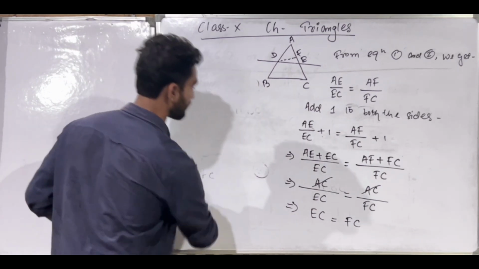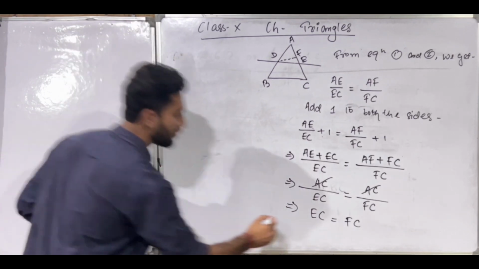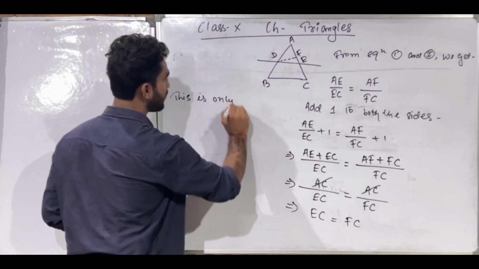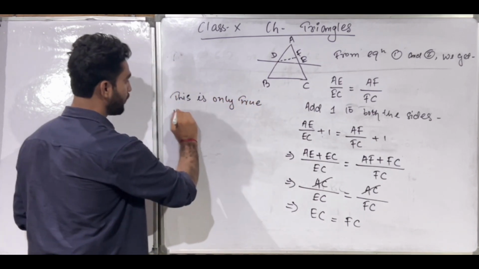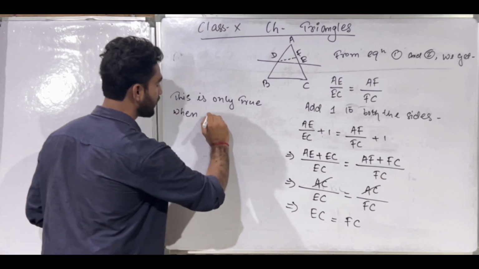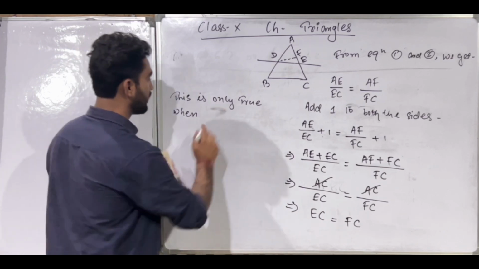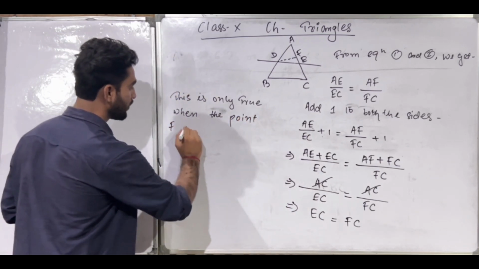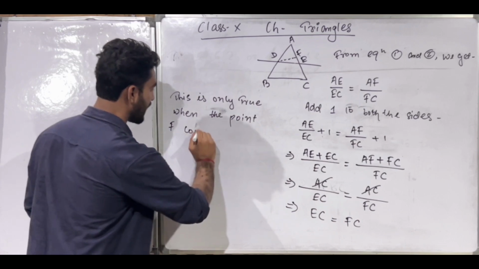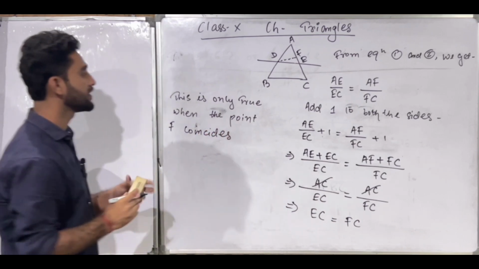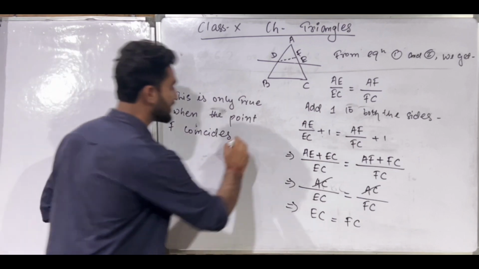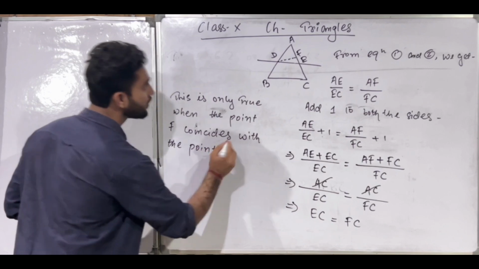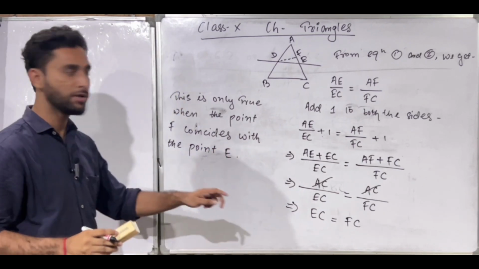So EC equal to FC is only true when the point F coincides with the point E. Now what did we prove?